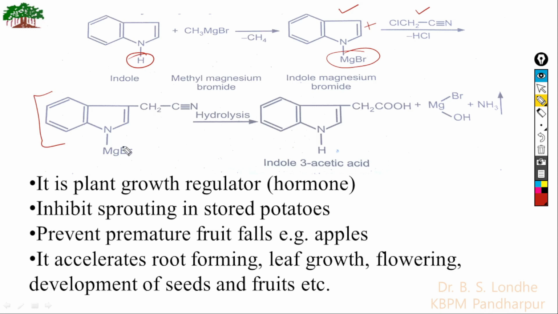This derivative further upon hydrolysis gives indole 3 acetic acid. Here this nitrile group converts into acid group, carboxylic acid, and finally we get indole 3 acetic acid. So this is the synthesis of indole 3 acetic acid.